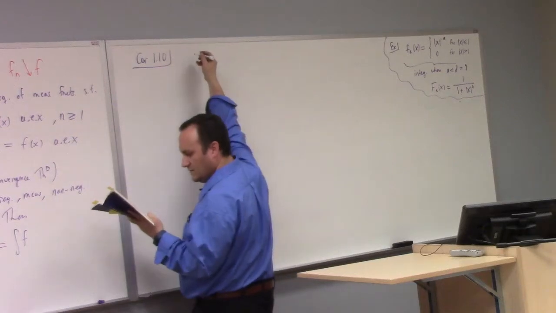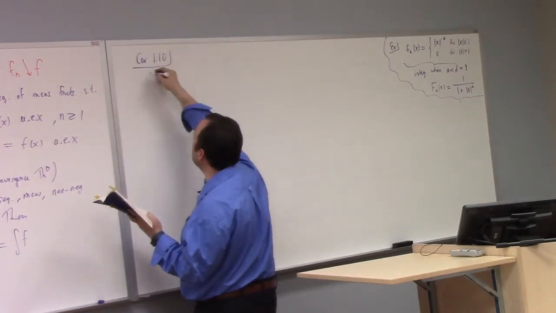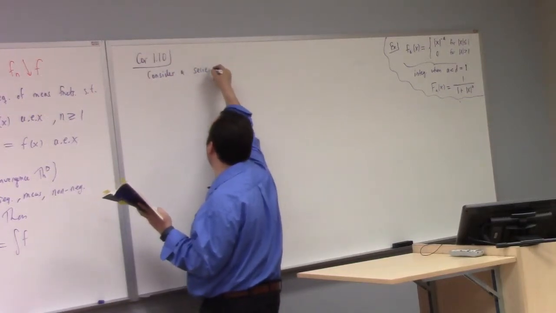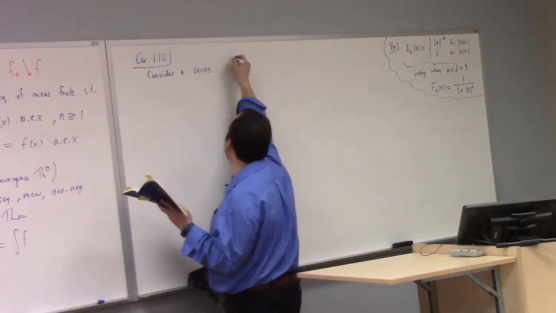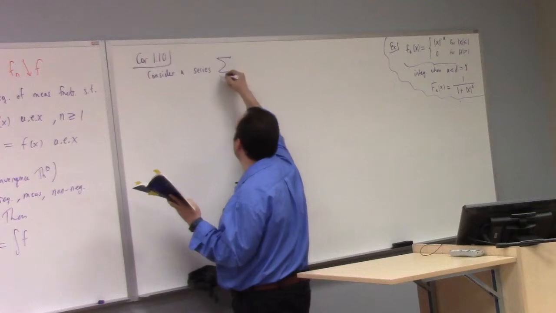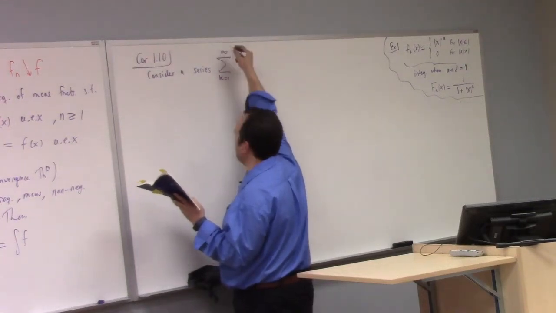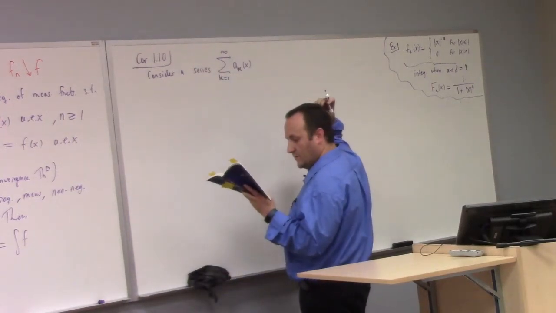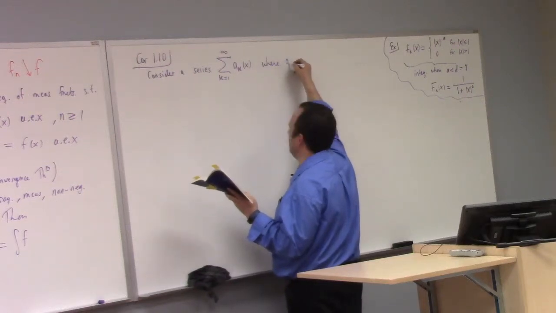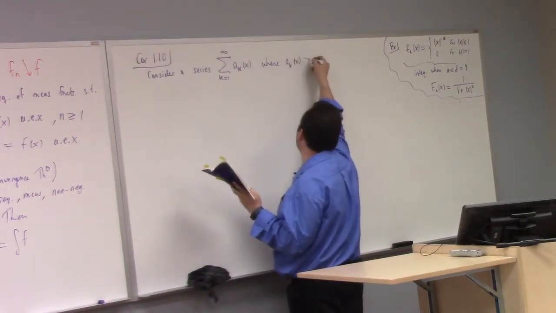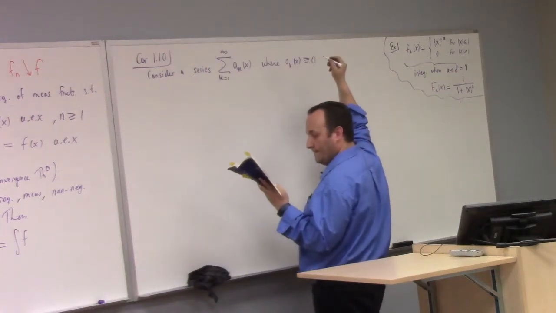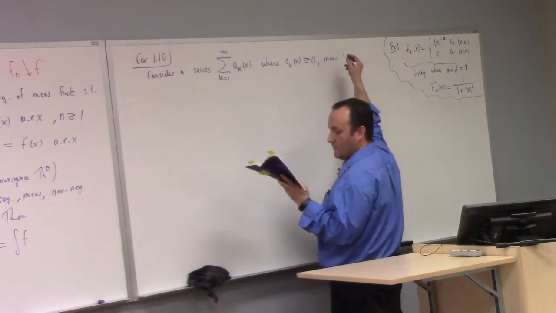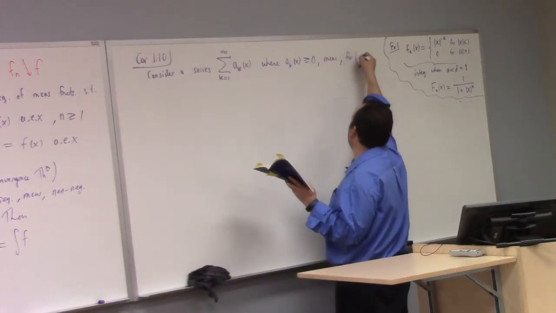Look at this. So consider a series, summation k equals 1 to infinity of a sub k of x, where a sub k of x is non-negative, measurable, for k greater than or equal to 1.